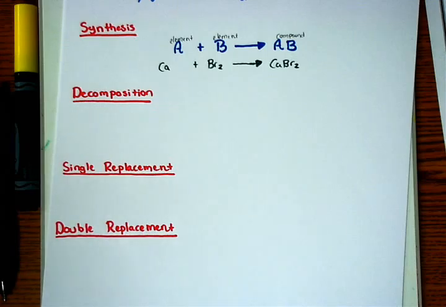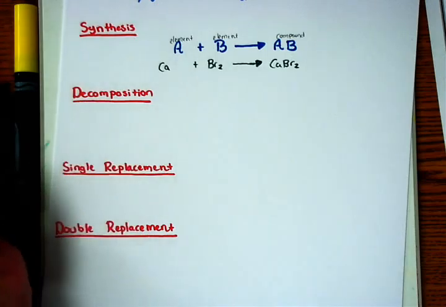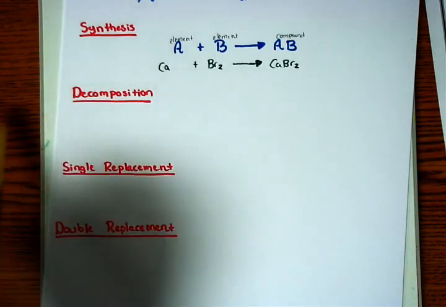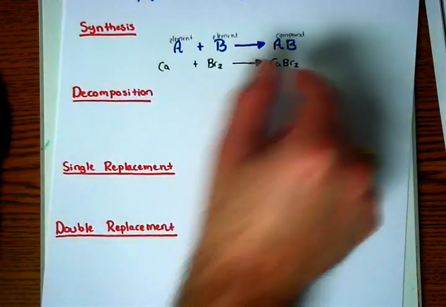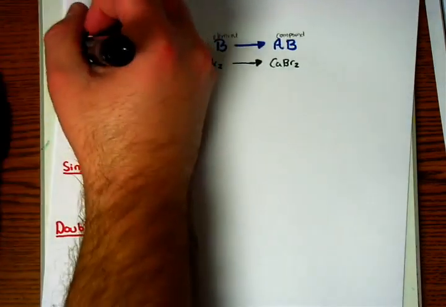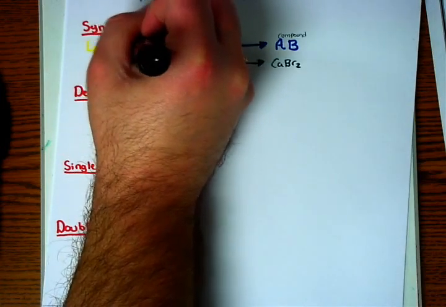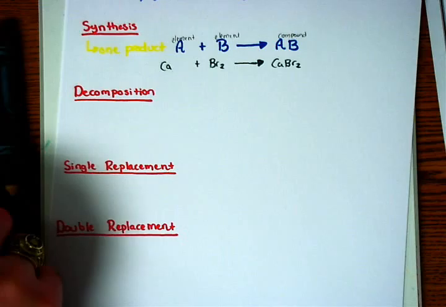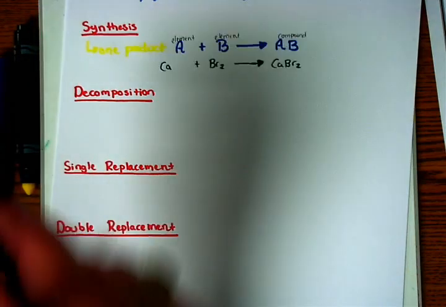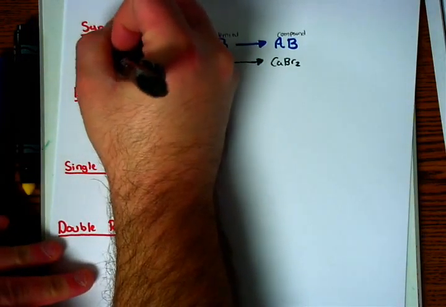How many products do you see in this synthesis reaction? 1 product. So synthesis always has 1 product. 1 single little product. So it's always going to be just 2 elements?